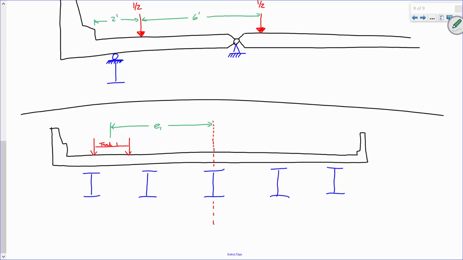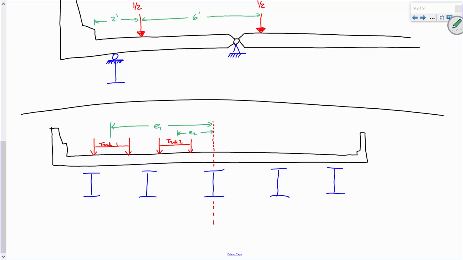Okay. E2 is going to be similar. You're going to have a truck right here and a truck right here. So that's truck 2, and then maybe I ought to squinch it up a little bit. That distance right there is going to be E2.